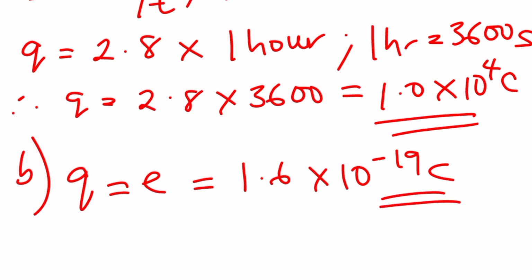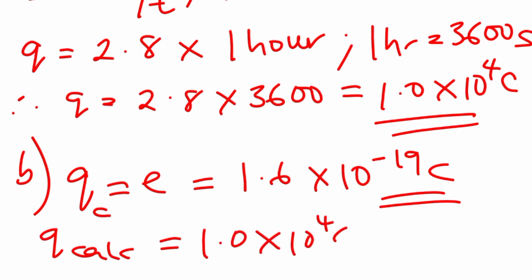We know that. So to know the number of electrons that pass through the current of 2.8 amps, we call this Q constant, while the Q we calculated above is Q calculated, equal to 1.0 times 10 to the power of 4 coulomb.